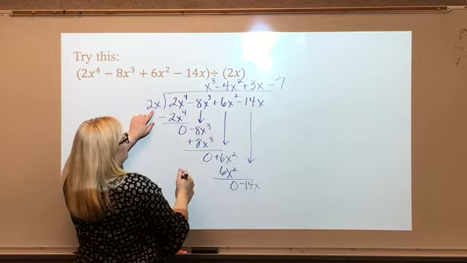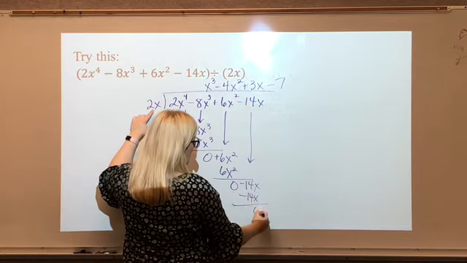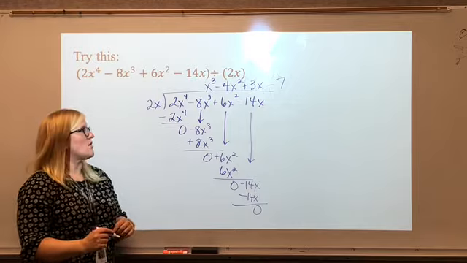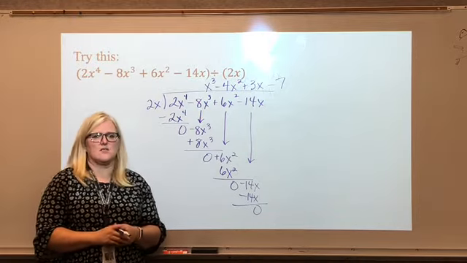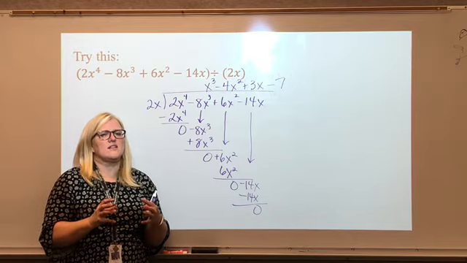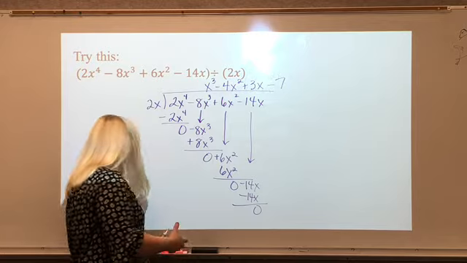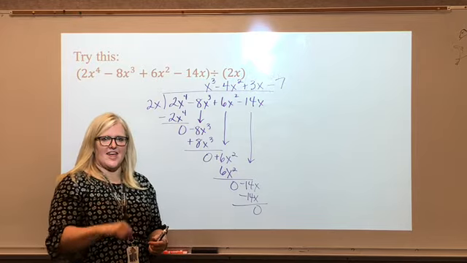Negative 7 times 2x is negative 14x. I subtract that, and I get 0. So that is my answer. I hope that's what you got. Okay, so now let's take this another step farther. And we will need to do that in the next video.